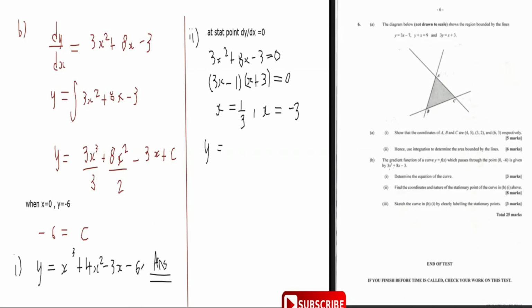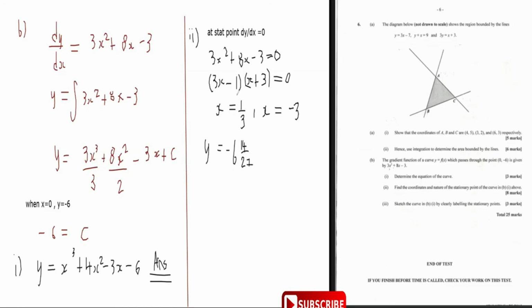I'm getting minus 6 and 14 over 27. That's what I'm getting for y.